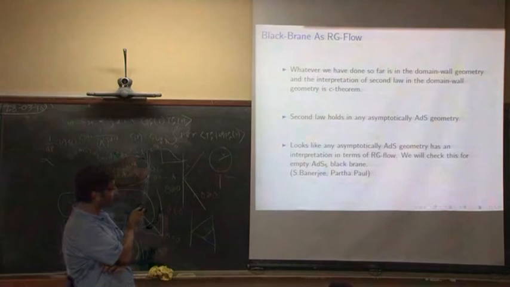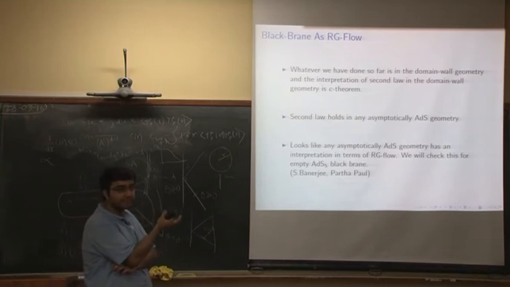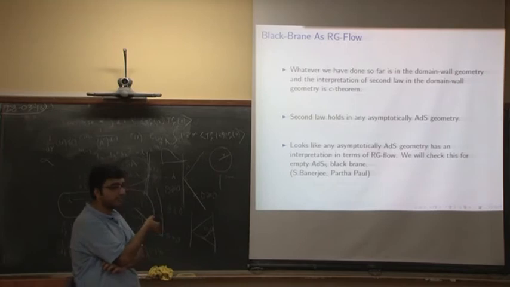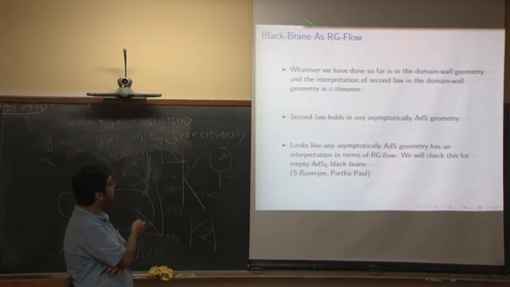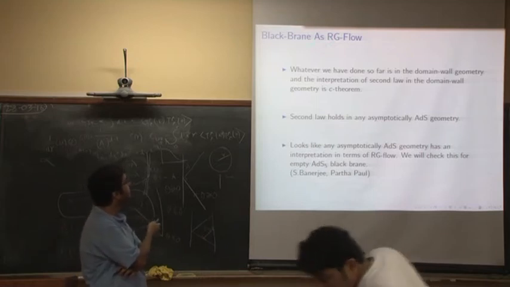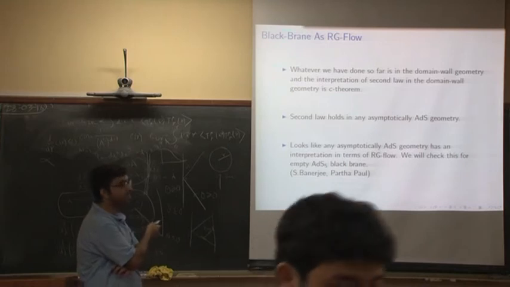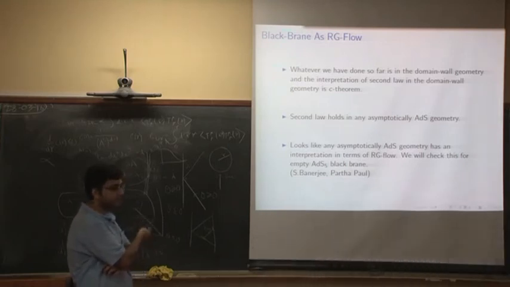So with this, one can now try to see, if I have more general asymptotically AdS geometries, can one give a renormalization group flow interpretation to those kinds of geometries? One good candidate is a planar black hole or a black brane.